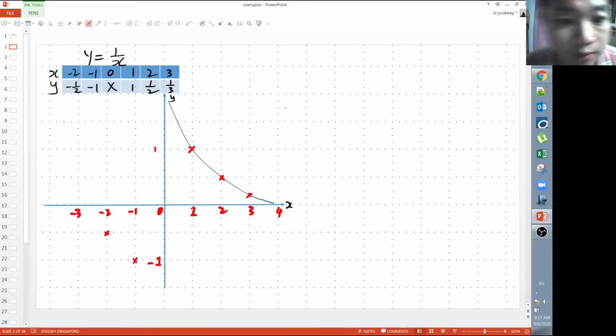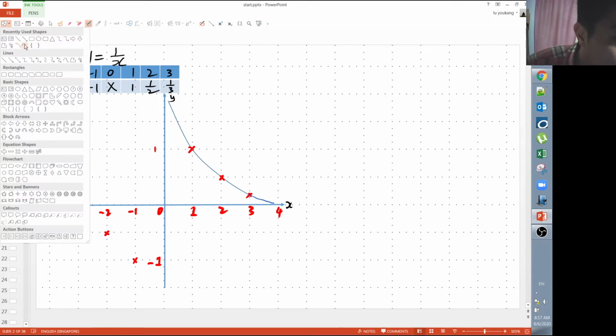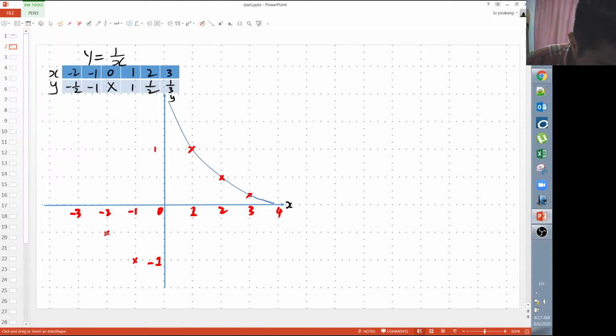This is only the positive side of your x-axis. So now it comes to this part over here. So let me continue here. In fact, you can add in your -3 here.